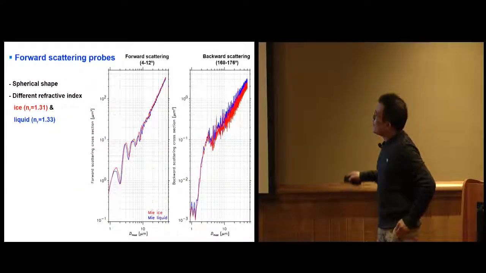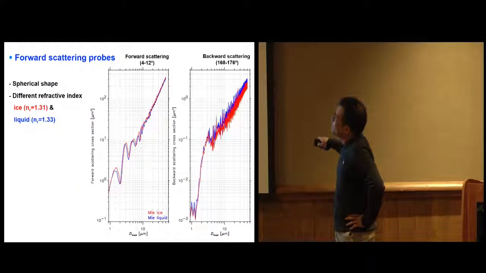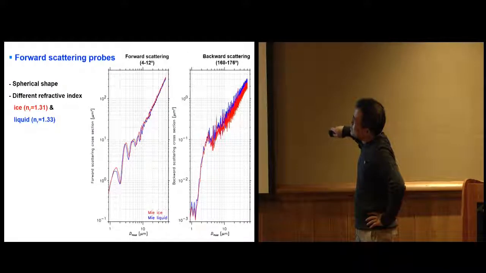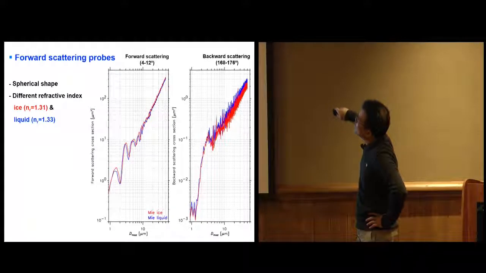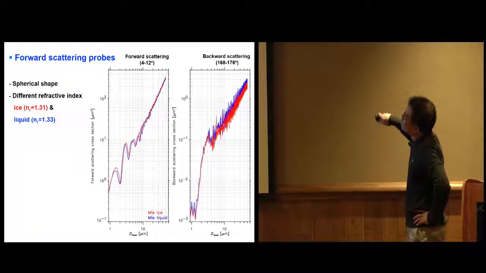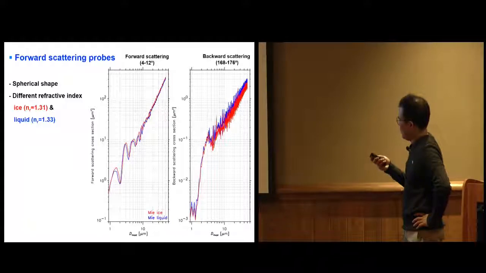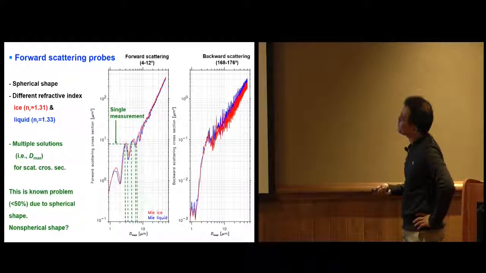Okay, so this one is the graph of conversion tables for spherical shapes. The red line is assuming ice, and the blue line is assuming liquid. The left panel is the forward scattering direction, and the right panel is the backward scattering direction.